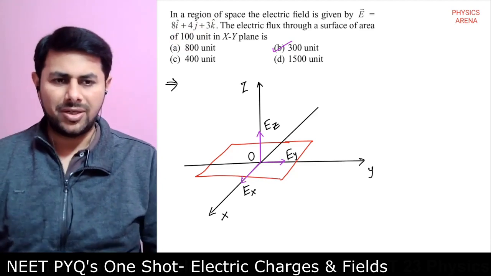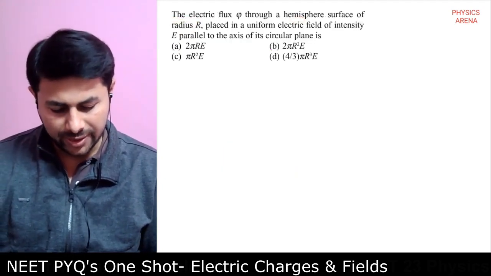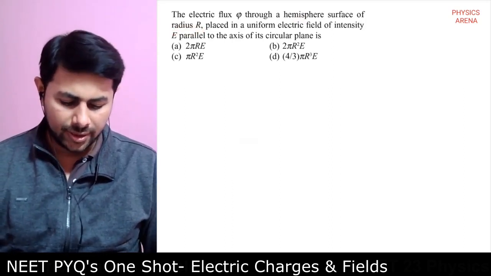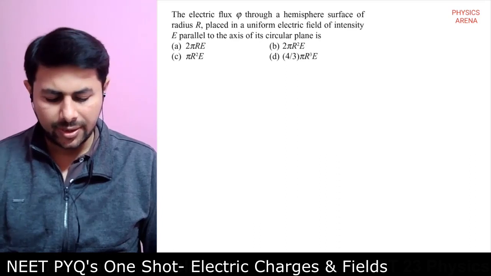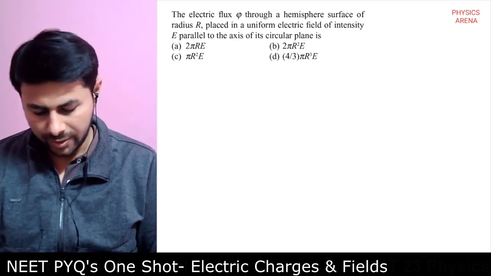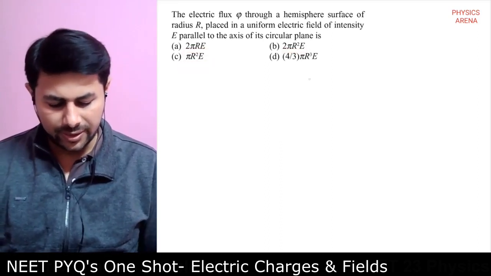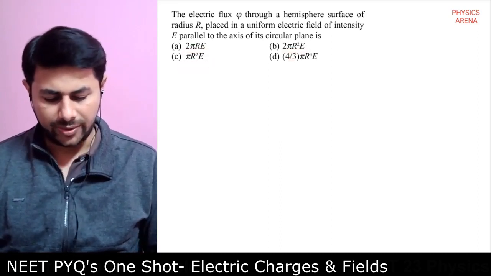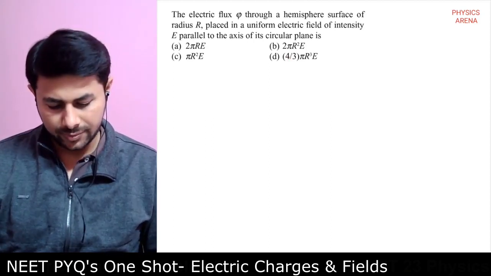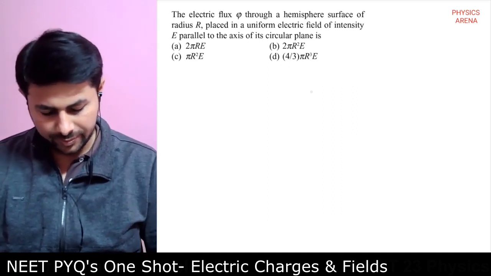Right. Okay, very good. The electric flux phi through a hemisphere surface of radius r placed in a uniform electric field E parallel to the axis of its circular plane is: 2 pi r E, 2 pi r square E, pi r square E, or 4 by 3 pi r cube E. So there is a hemisphere.